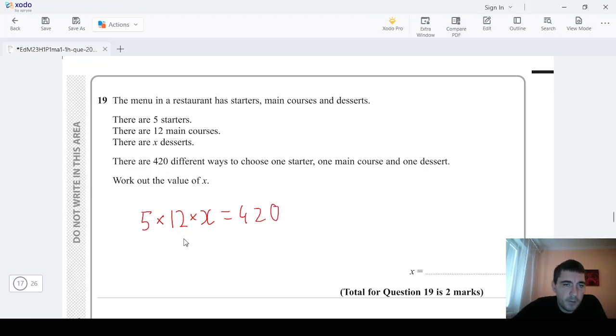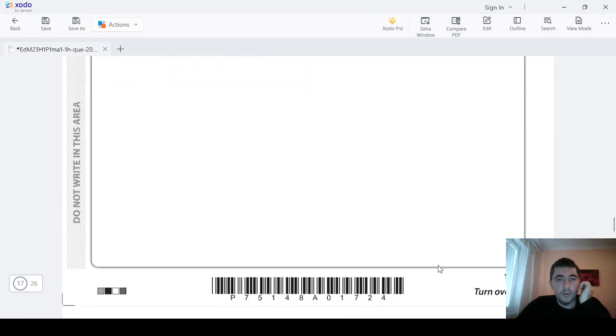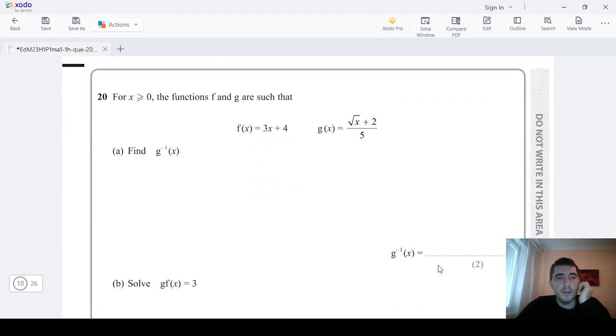Now multiply 5 by 12 to get 60. 60X equals 420. So once we divide both sides by 60, we should get 7. So X equals 7. Easy 2 marks. And moving to the next bit.